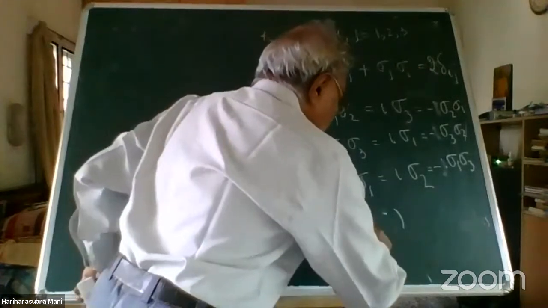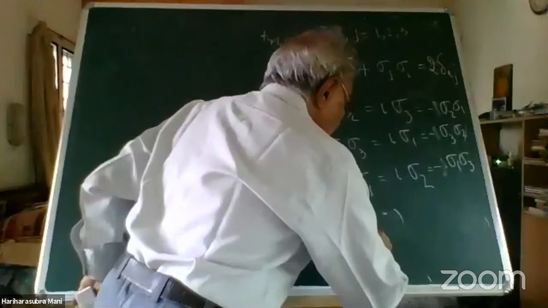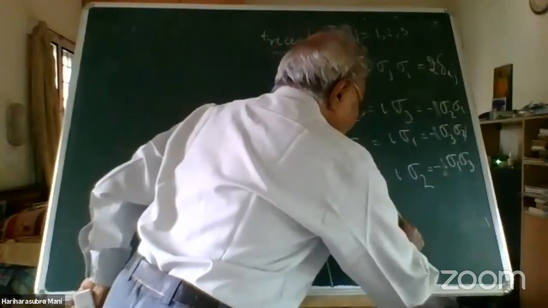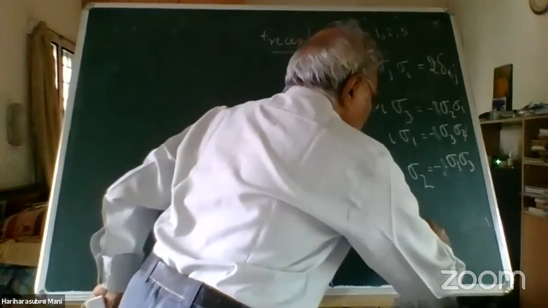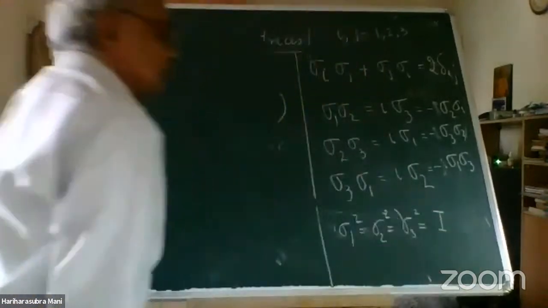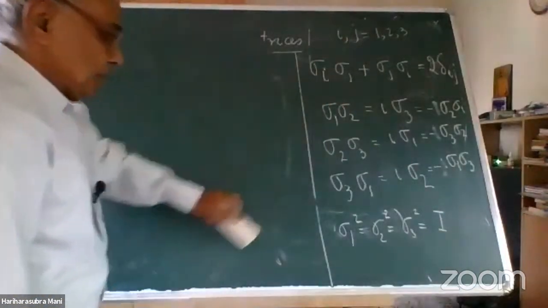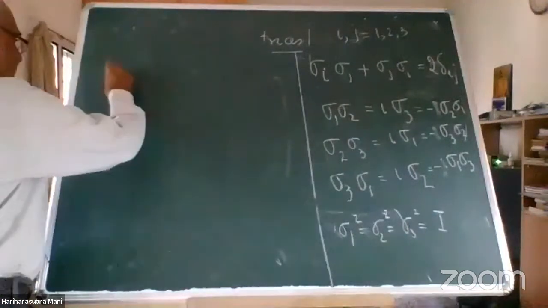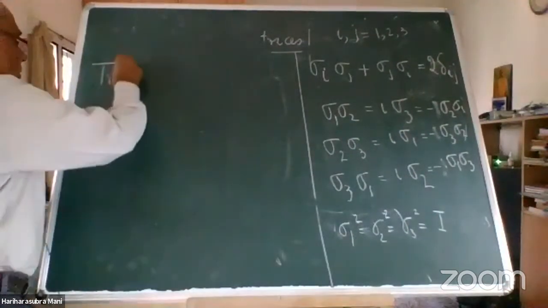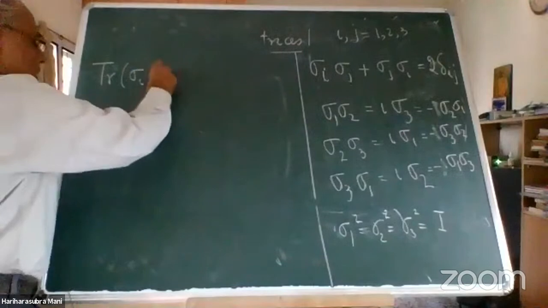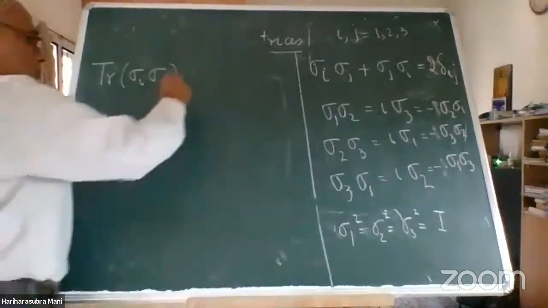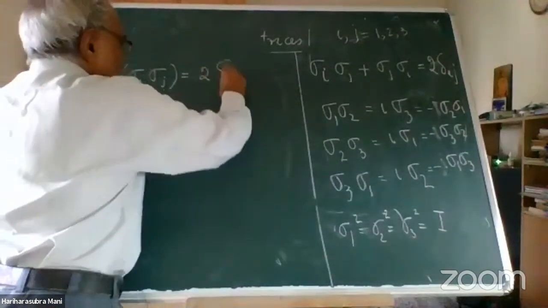So I get sigma 1 squared equal to sigma 2 squared equal to sigma 3 squared is equal to I. Then I have a very important relation. Trace of sigma i sigma j is 2 delta ij.